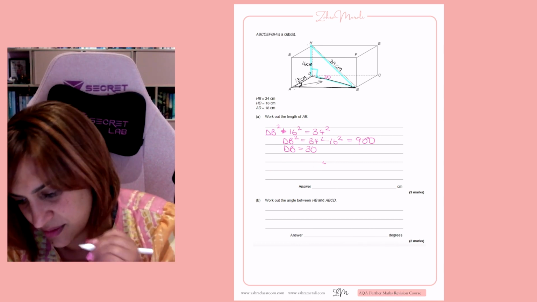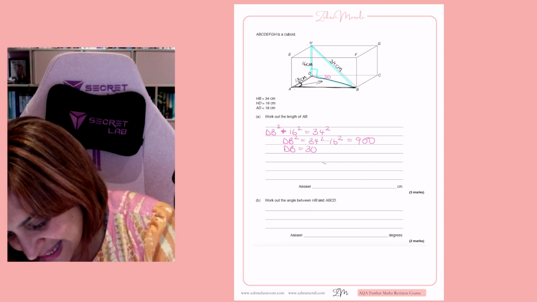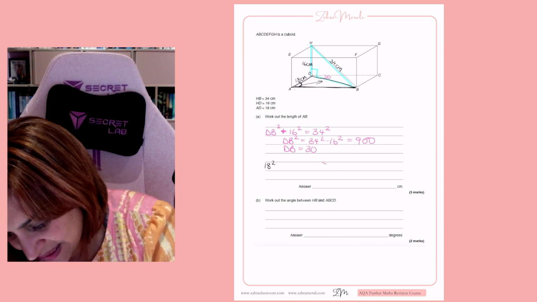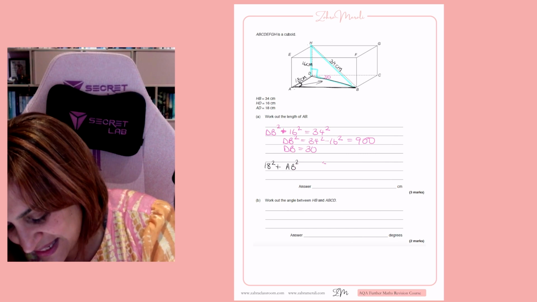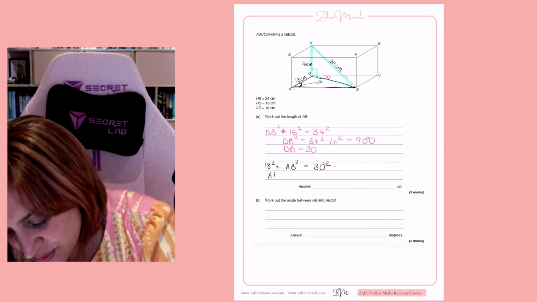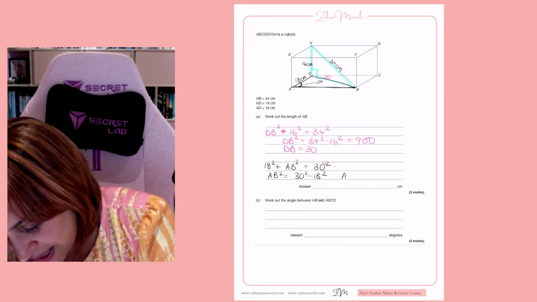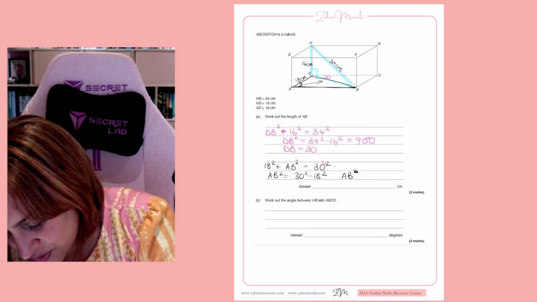Let's go again. We're going to end up with 18 squared plus AB squared equals 30 squared. So therefore AB squared equals 30 squared minus 18 squared. So AB equals the square root of that.